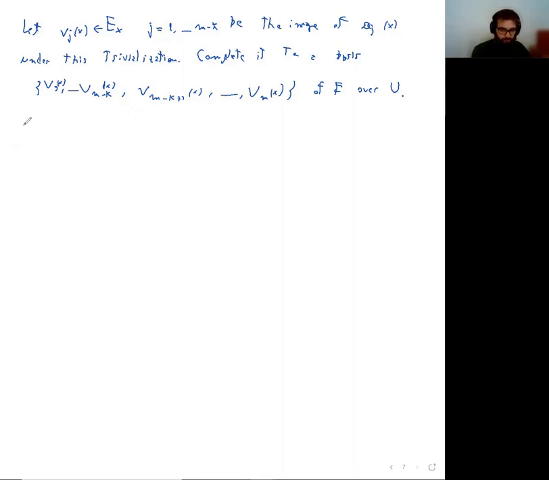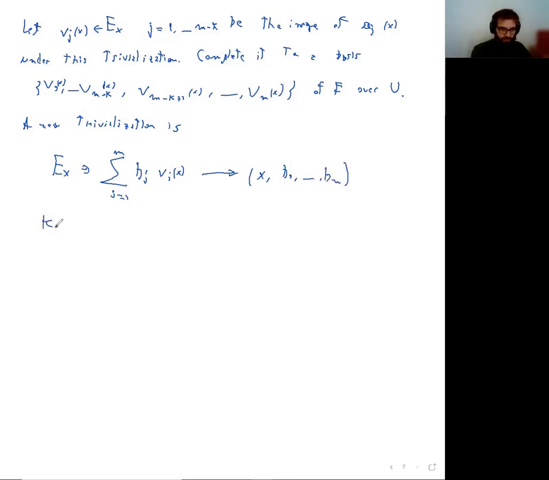So a new trivialization is, you have an element here, you can always write it as the sum of b_j times v_j(x). So this is an element of E_x. This is a basis, so there's only one way to write it. And the new trivialization sends this to (x, b_1, ..., b_m).